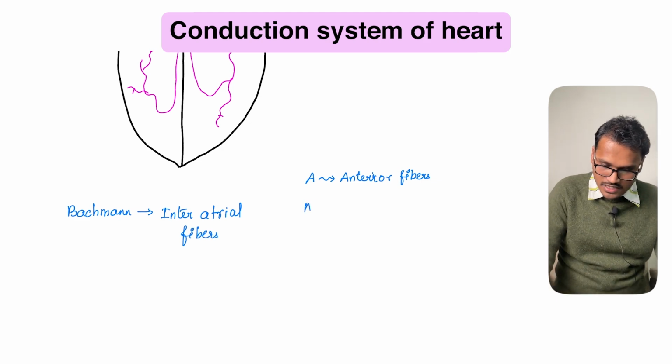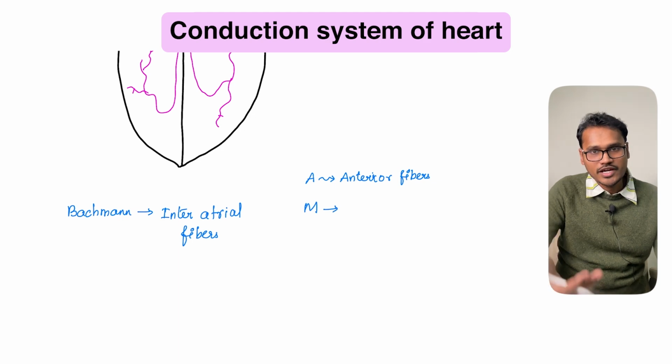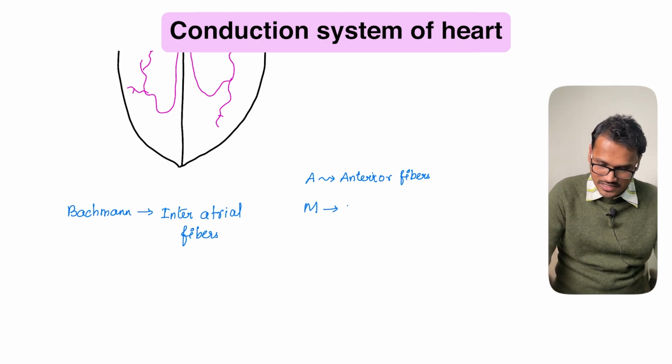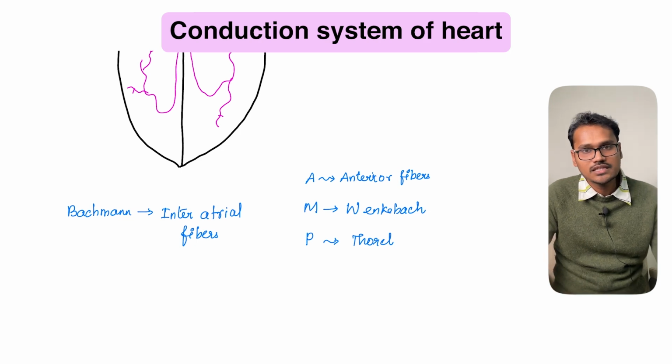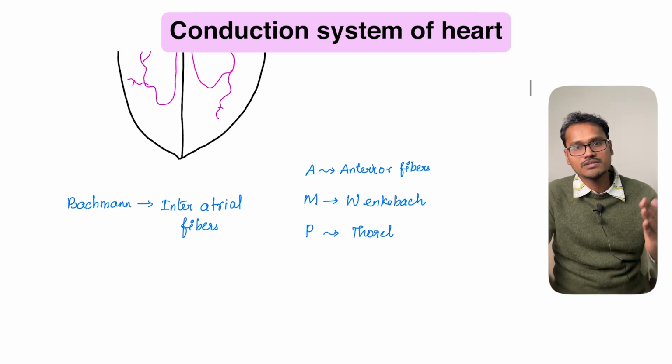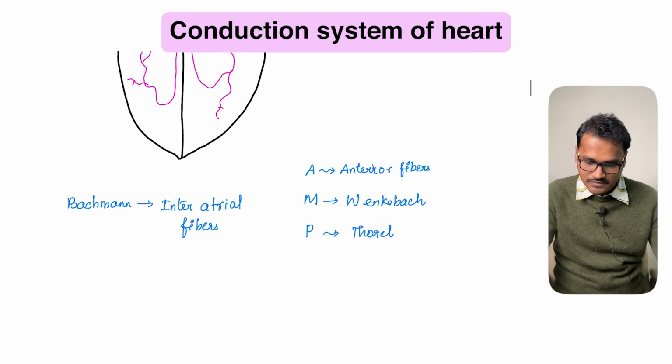Then the middle one: M, if you reverse it, is W, Wenckebach fibers. Then the posterior fibers are called Thorel fibers. So these are the three different groups of internodal fibers between the SA node and the AV node.